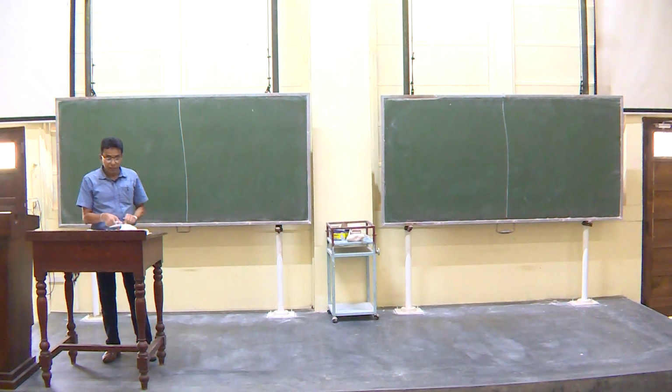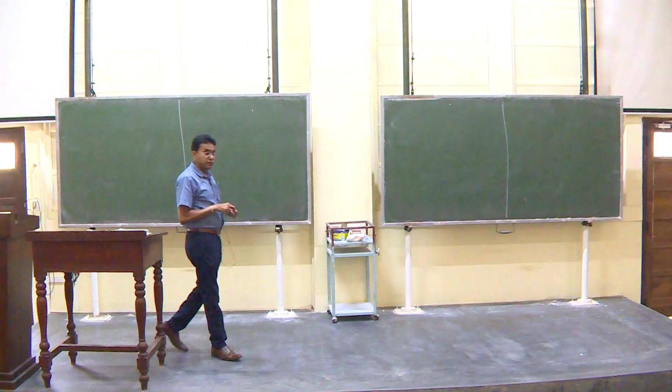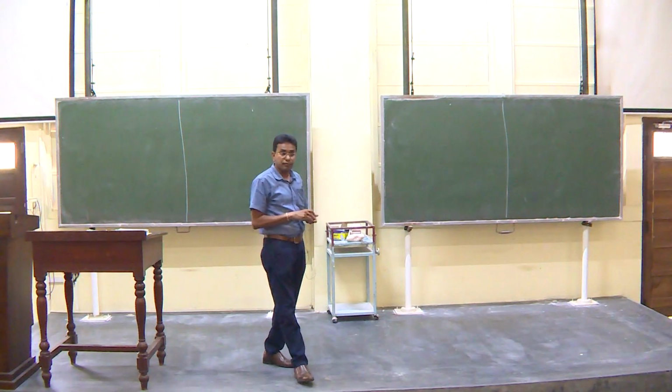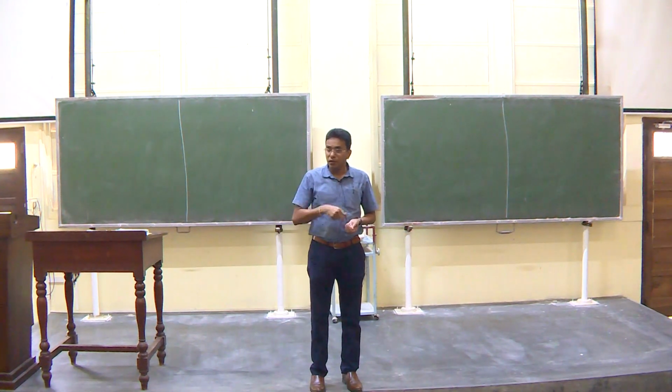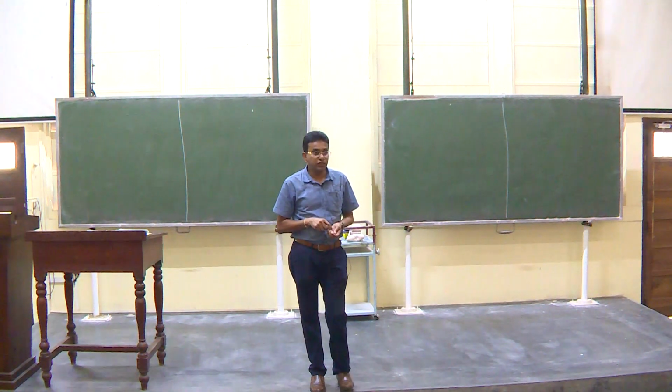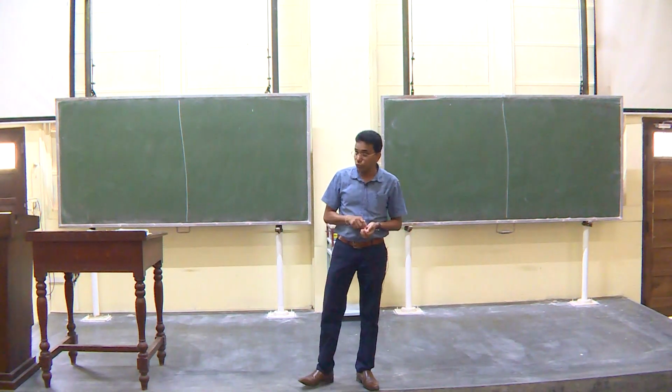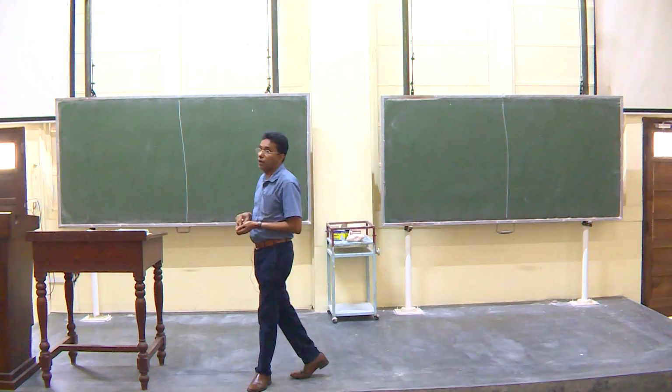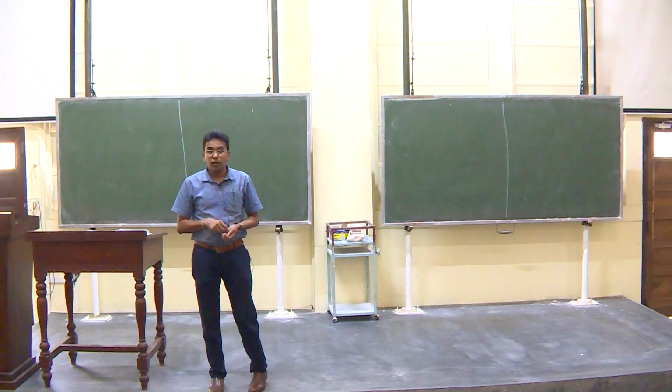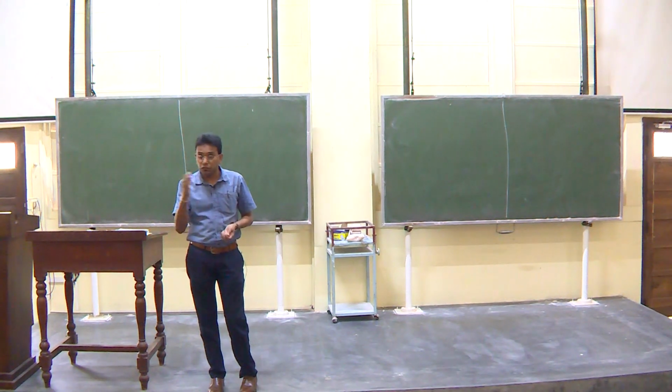And last week we started looking at feedback amplifiers. We looked at the feedback concept, in general what feedback means and how it improves system stability and many other properties at the cost of the gain.